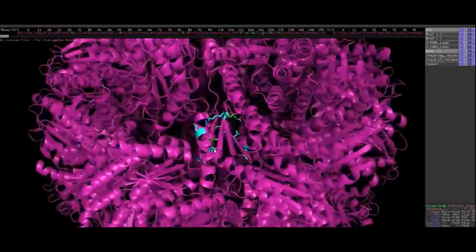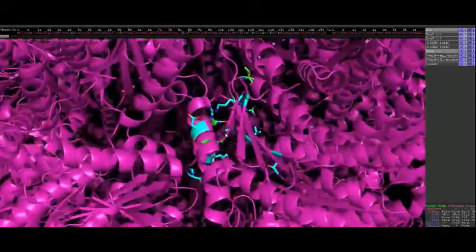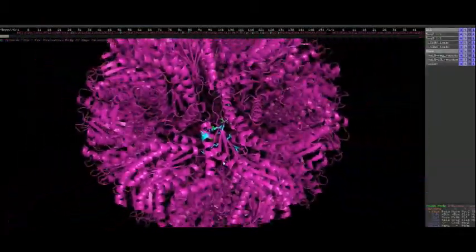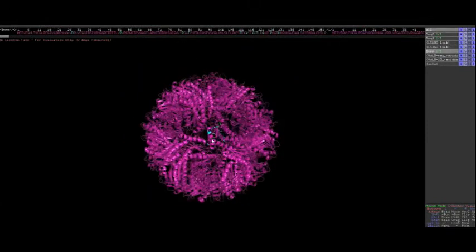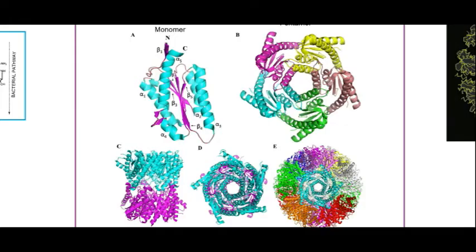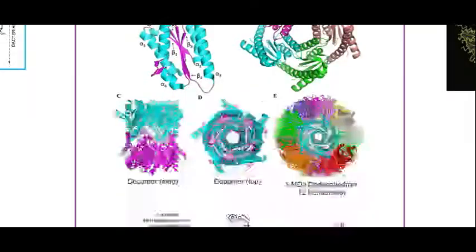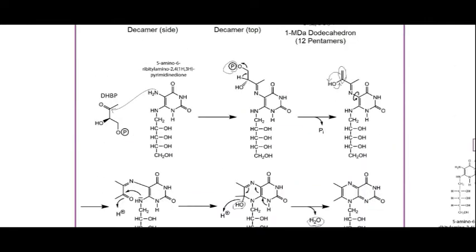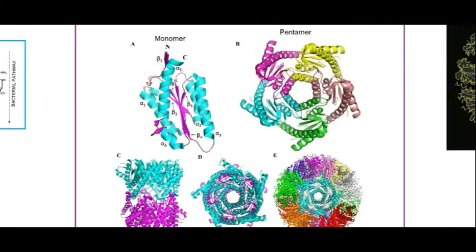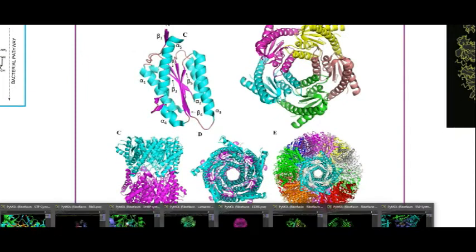So I highlighted a few residues here, which will become a little bit more relevant as I talk about something else that they have. I don't think I have pictures of it, but I do have the structures of it.